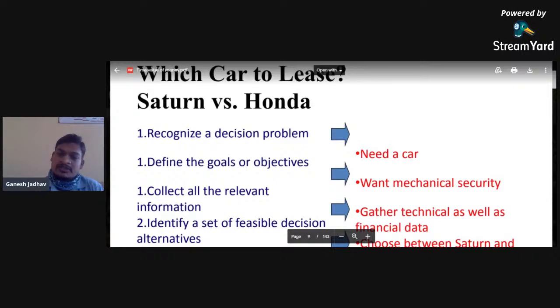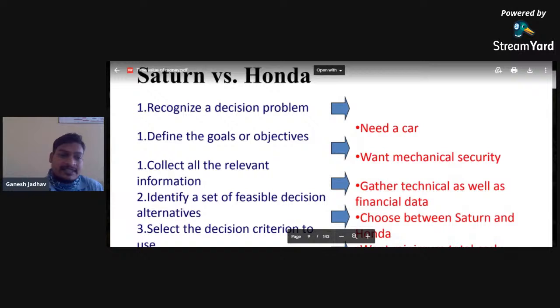Whenever we require any car or any bike, we have to check the financial data, because we need it to be reliable and financially comfortable for us. So we have to collect the relevant information, related to your financial data and your technical data.